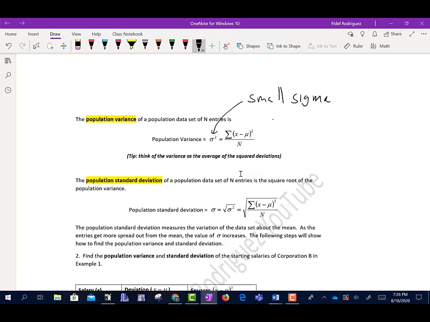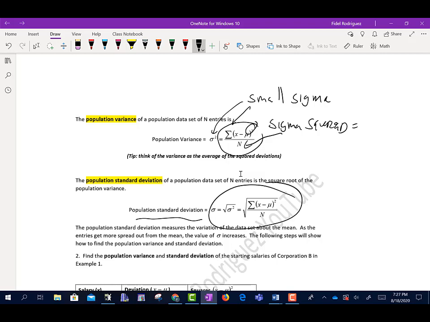And because it's squared, it's going to be sigma squared equals, remember, this here is the sum of all those numbers, but now those numbers are being squared, divided by the total number of n, right? Total number of entries that we have. Okay, and then we have something called the population standard deviation. All we got to do is whatever answer we get here, we take the square root of it, okay?